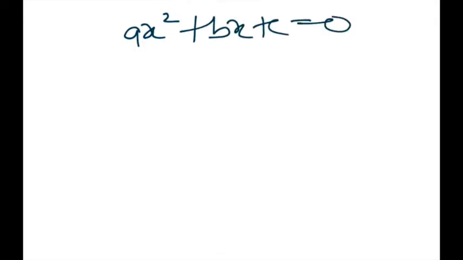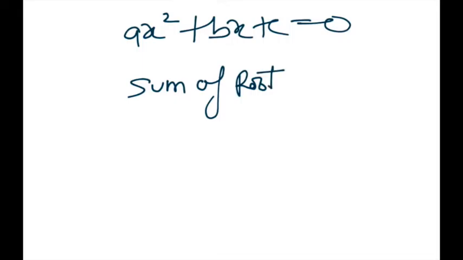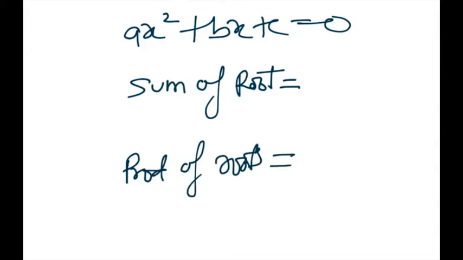Okay, so I want to tell you one more interesting thing, which is not yet covered. It's not related to nature of roots. Let's say the equation is ax square plus bx plus c equals to 0. So the sum of roots and product of roots, this can be asked in multiple choice questions, right?